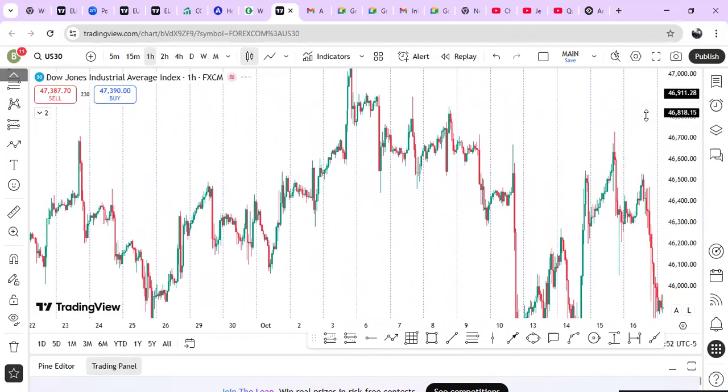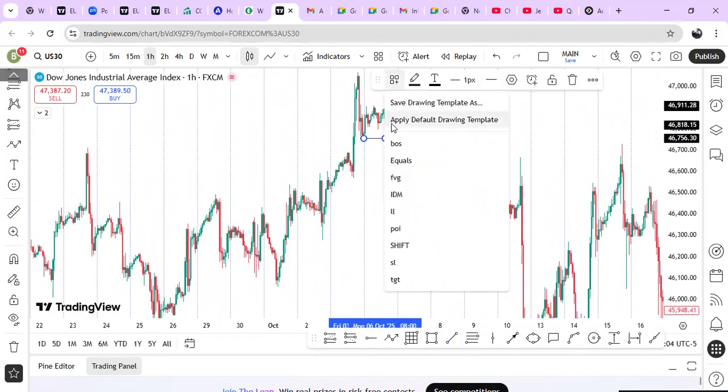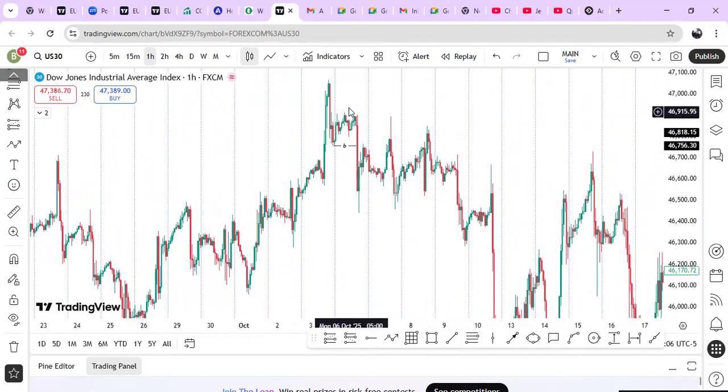Same thing here: impulsive push, close below the last correction. That's a break of structure. That's a break of structure there. Impulse again, correction, closes below. This one rejected, so it was this candle that closed below the last low. That's another break of structure there.